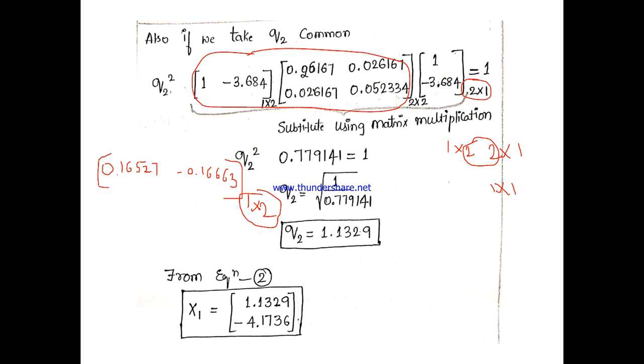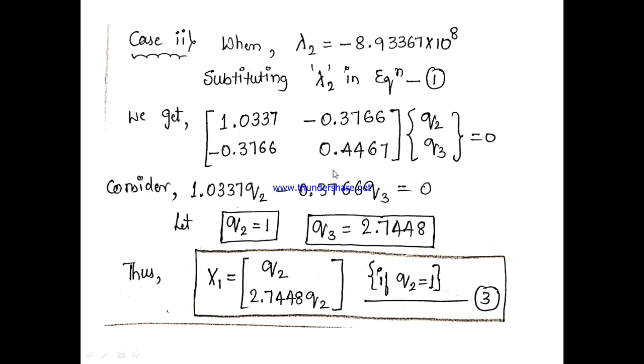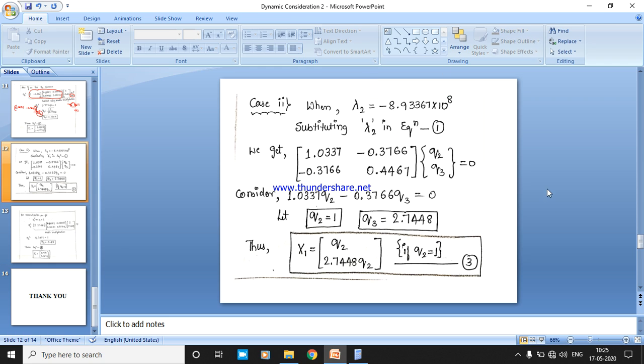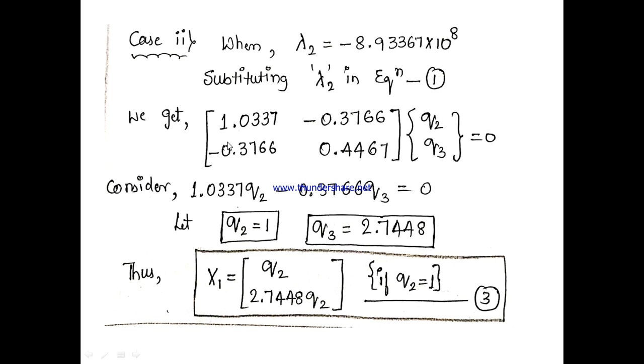So using lambda 1, for the case 1 lambda value, the eigenvalue, I got the eigenvector. In the second case, lambda 2, the same procedure we need to follow here. Same as lambda 1, lambda 2 is equal to 0. Same thing, k minus lambda m, q2 q3.